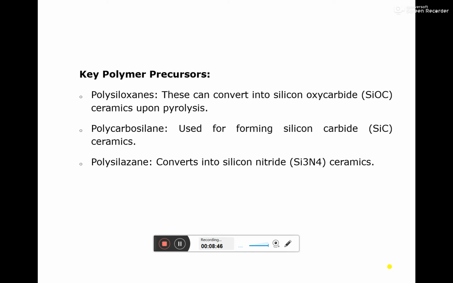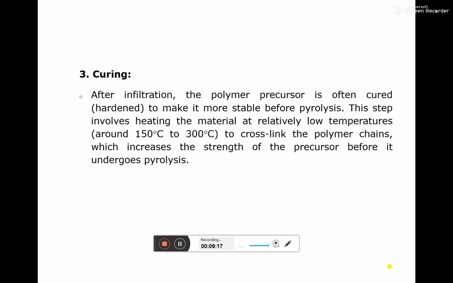If I want SiOC as the ceramic, then I can choose polysiloxanes, or if I want silicon carbide, I can use polycarbosilane as the polymer precursor. If I want Si3N4 as the ceramic matrix, then I can use polysilane. So like that, you can choose the appropriate polymer precursor material based on the requirement.